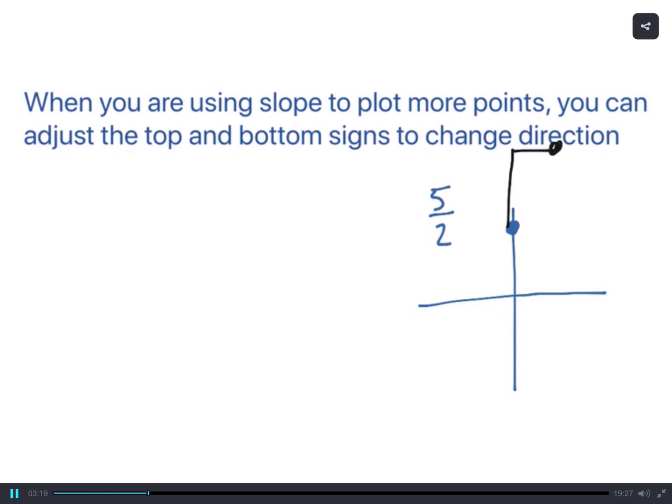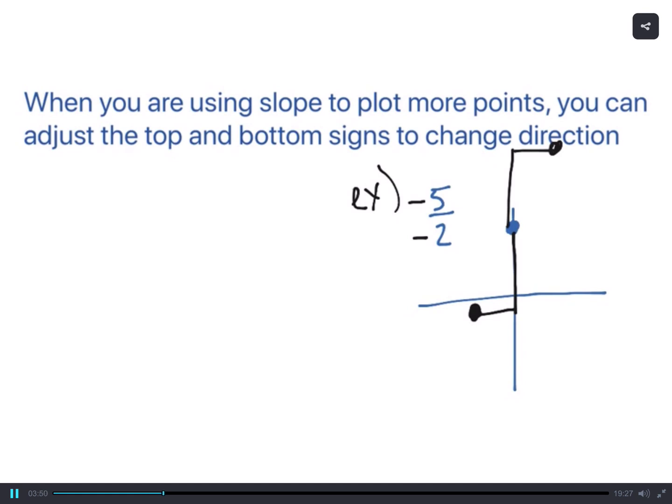But if I change both the signs of the top and the bottom, so in this case they were originally both positive, I'm going to make them both negative. Now I would be able to go down 5 and left 2 and plot a point down below that will fit on my graph. Okay, so that's one example if they're both positive.